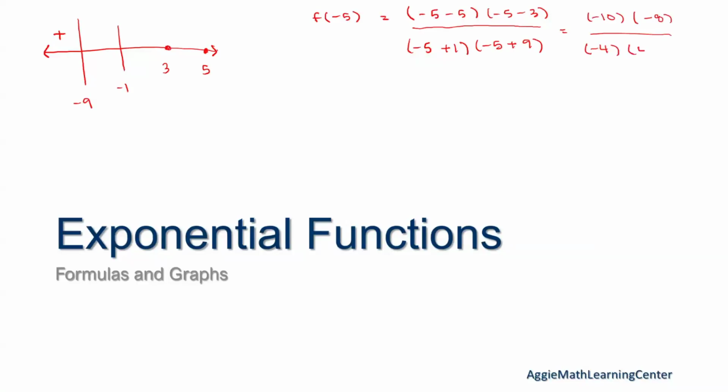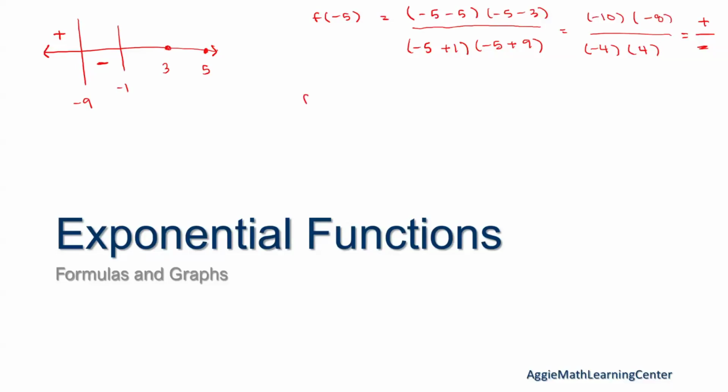And then negative 5 plus 9 is a positive 4. So in our numerator, our two negatives will make a positive value, but we have a negative times a positive that will create a negative value. So a positive over a negative will create a number that is overall negative, right? And so between this interval, we're going to have negative values.